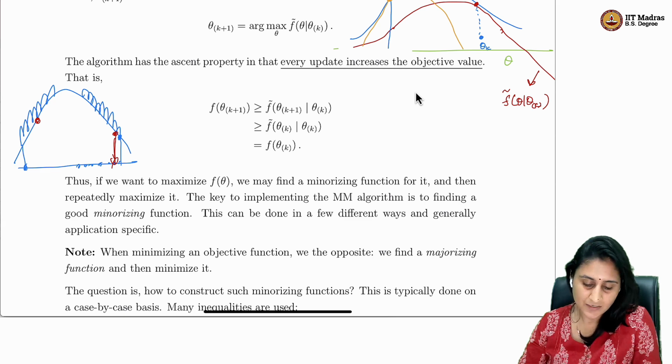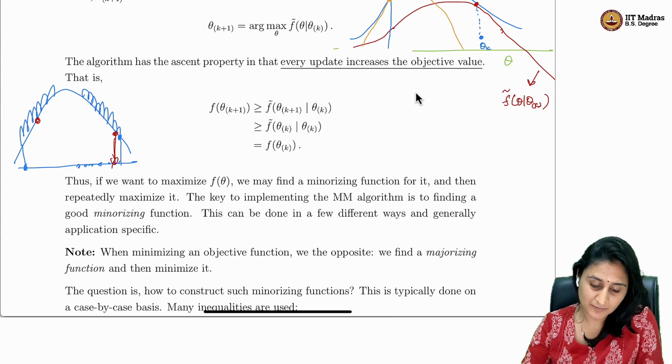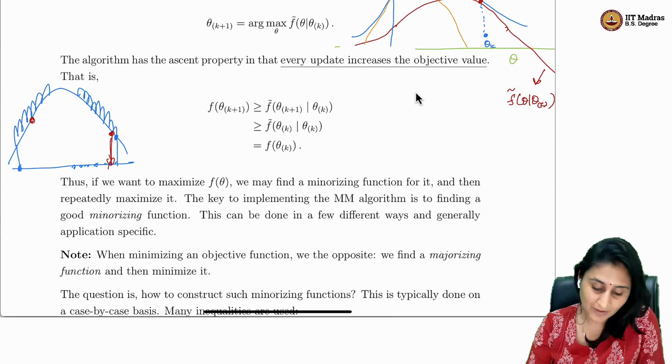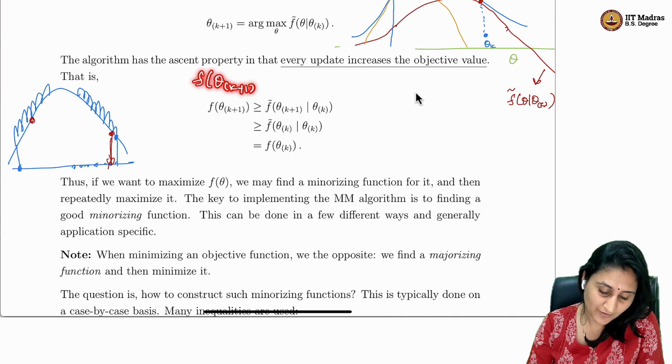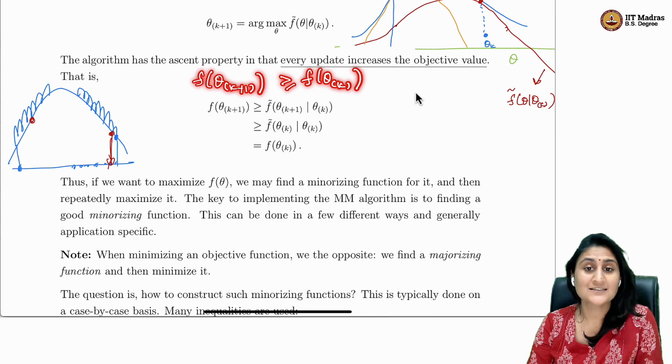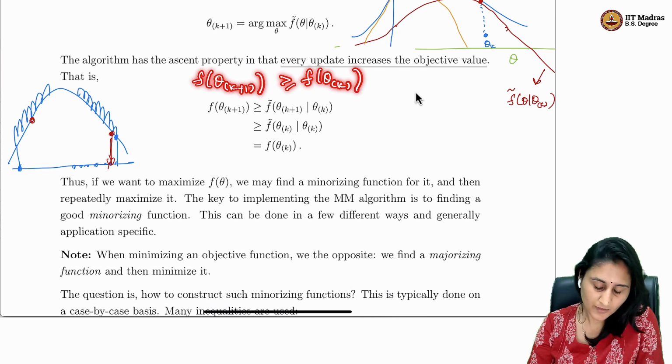Well, first we have to understand what the ascent property is. So an algorithm will have the ascent property if f theta k plus 1, or the value of the objective function at the next iteration, is greater than or equal to f theta k. That's when it has the ascent property, right?